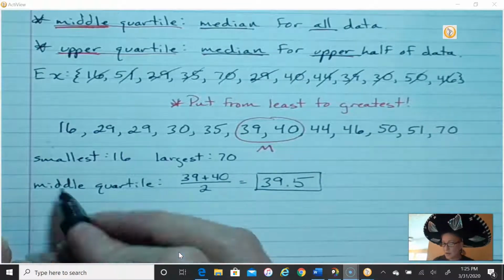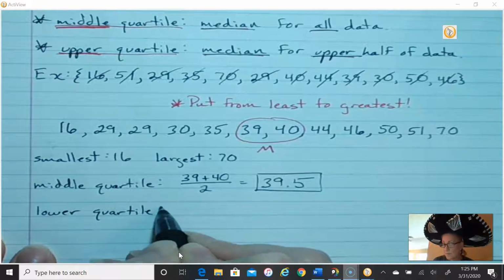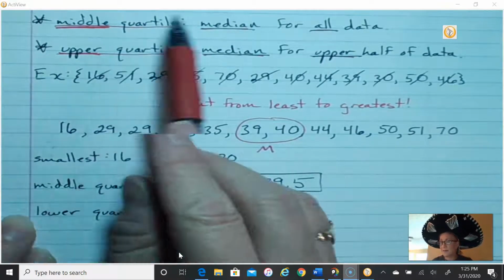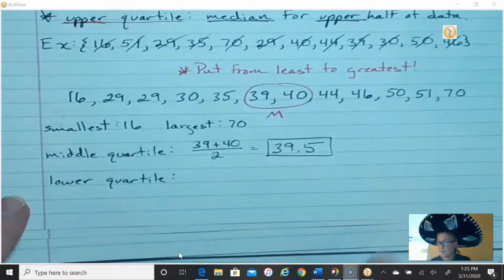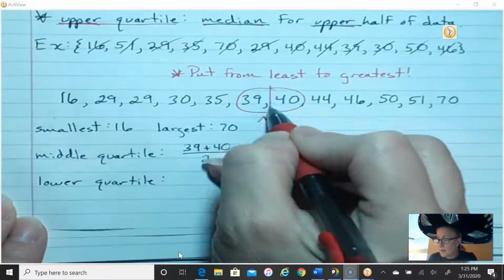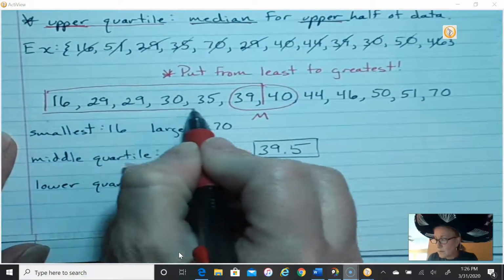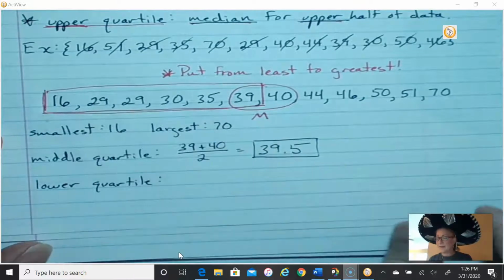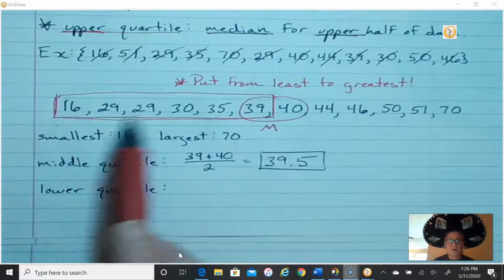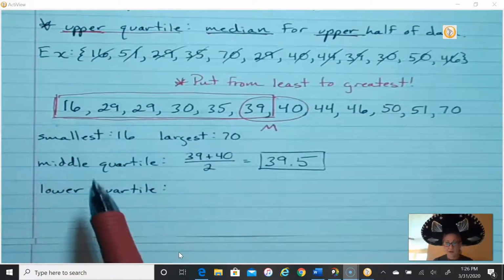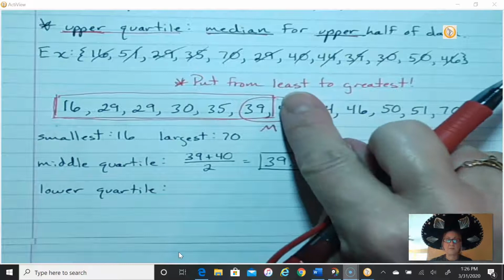Okay, lower quartile. All right, lower quartile, remember, is the median for the lower half of the data. That's the lower half of all the data. Remember, look how I've included that 39 that was in that median, that middle quartile.